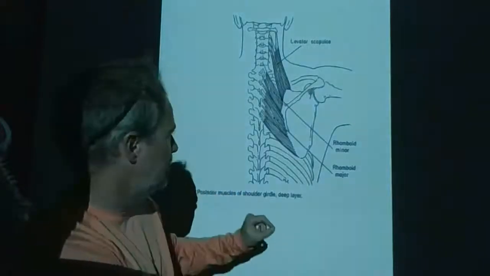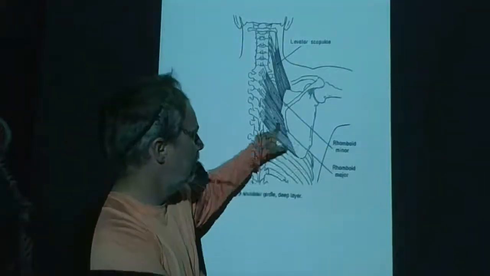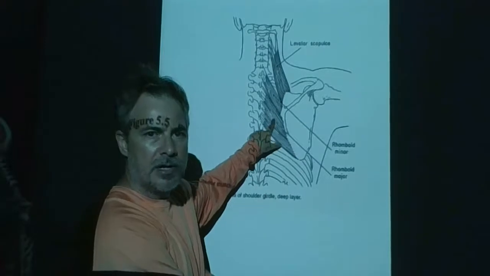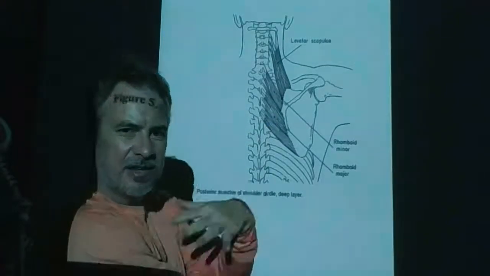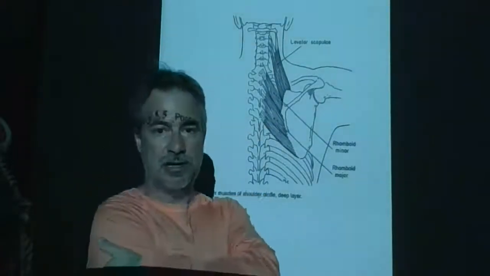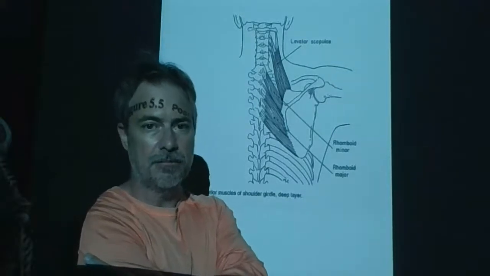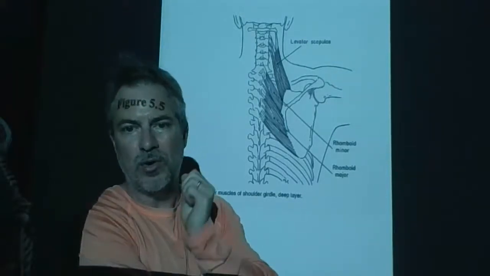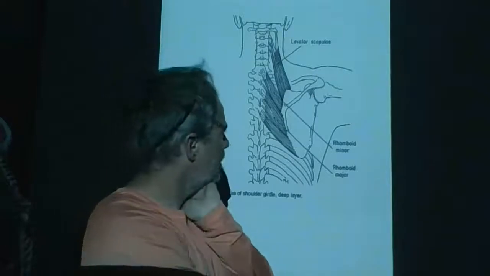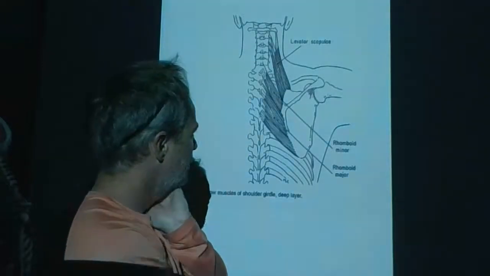Rhomboids here is inferring major and minor. The reason we don't necessarily differentiate them is because they're sister muscles. They have the same function at the scapula. So we'll refer to them as rhomboids, major and minor.